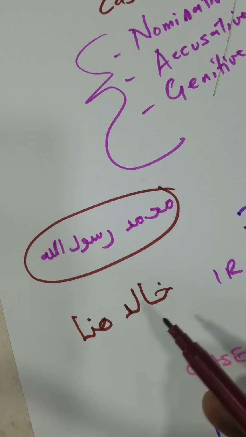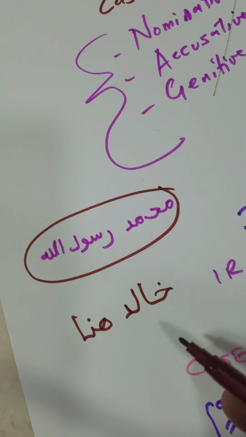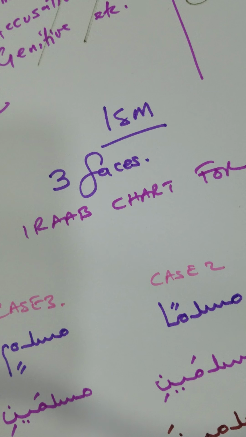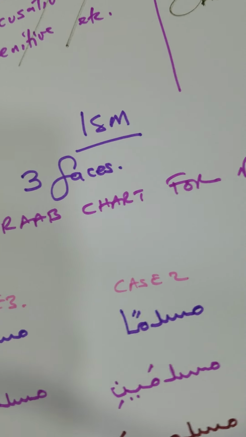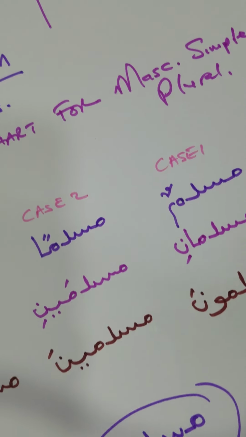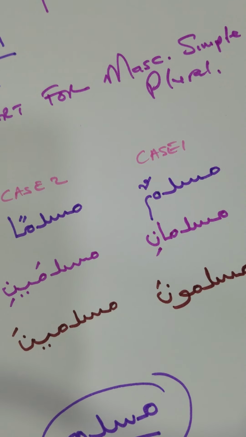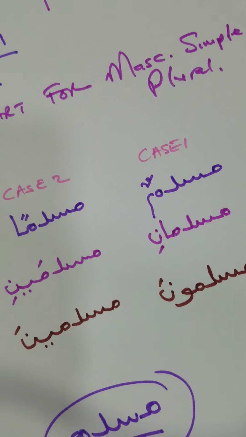No. Khalidun Hunna. Khalid is here. So you're going to hear of this word Khalidun, Khalidan, Khalidin. You'll hear most of that. And I want it not to confuse you, but for today, I want you to brace yourself that we have started the Iraab. We are going to be having case 1, case 2, case 3. And I'm saying that in Arabic, an isim will have 3 different faces.